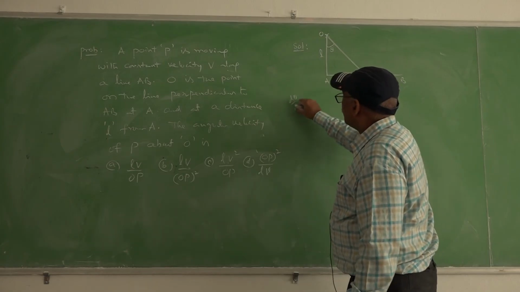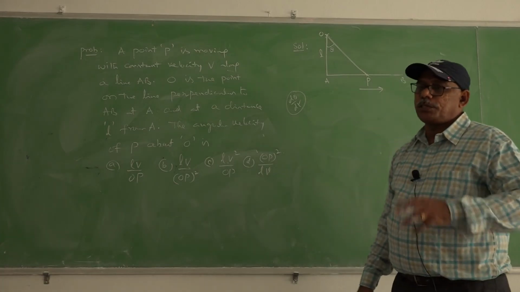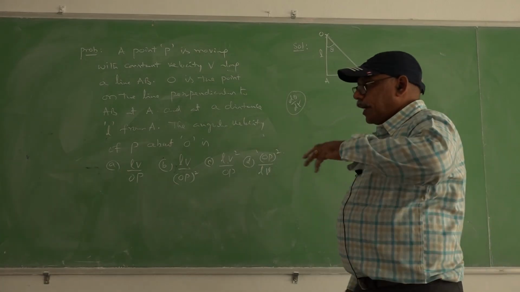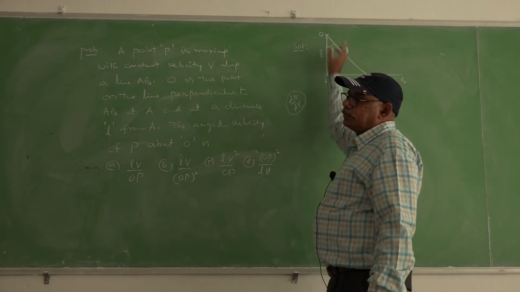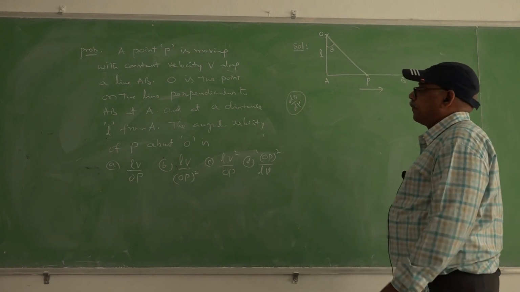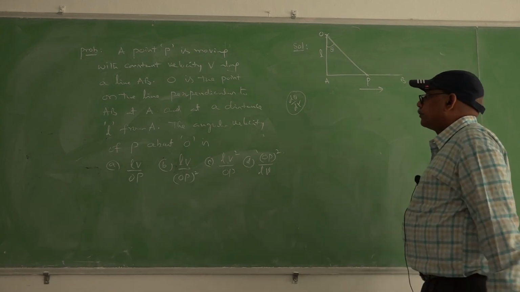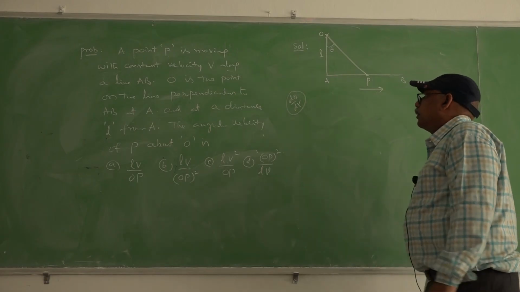So d theta by dt, the rate of change of the angle made by AP at O, gives us the angular velocity of P about O. d theta by dt is needed here.